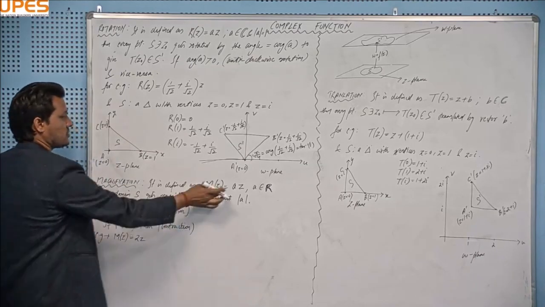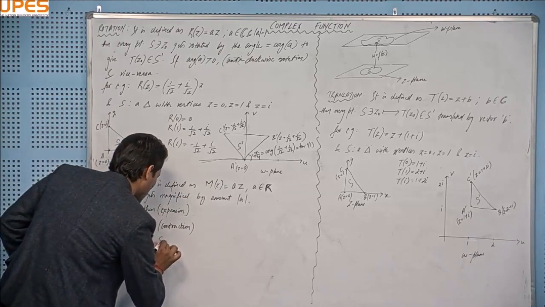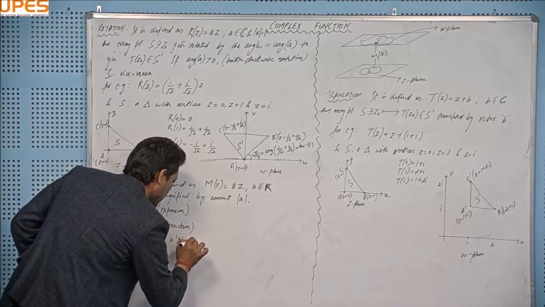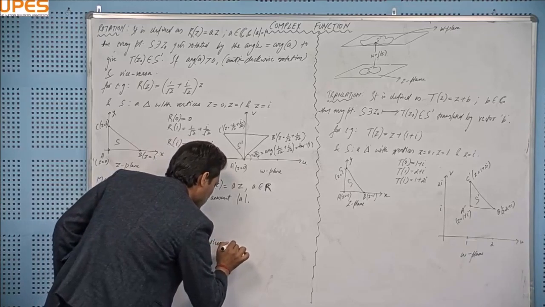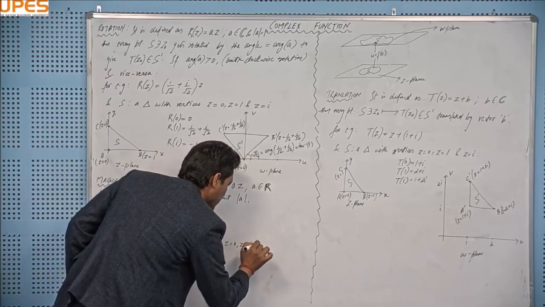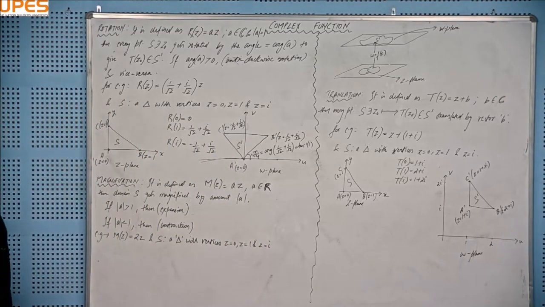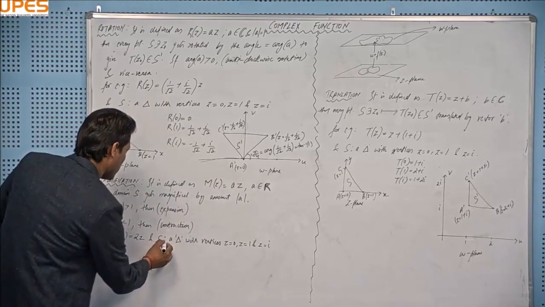I have taken this A as a real number, and my domain set S is the same, a triangle with vertices z equal to 0, z equal to 1, and z equal to iota, right? And you can see that the S is the same triangle, right?